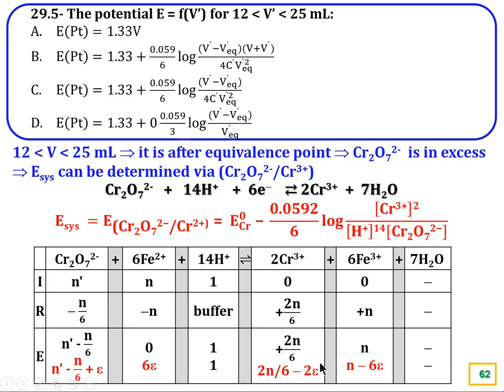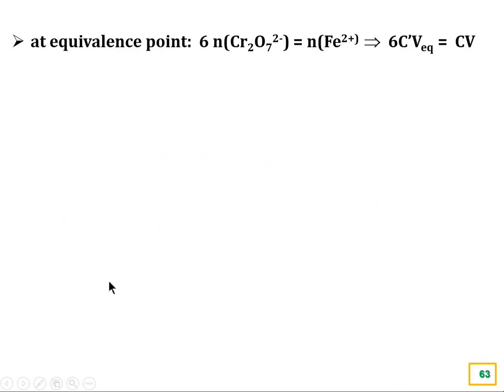We can neglect epsilon with respect to N over 6, and with respect to N prime minus N over 6. So we have appearance of epsilon only for Fe2+. At the equivalence point, we found the relation 6C prime V equivalence equals CV in the previous part.